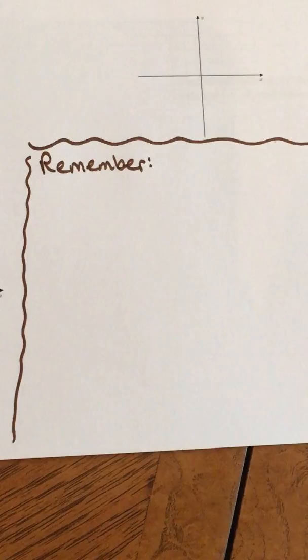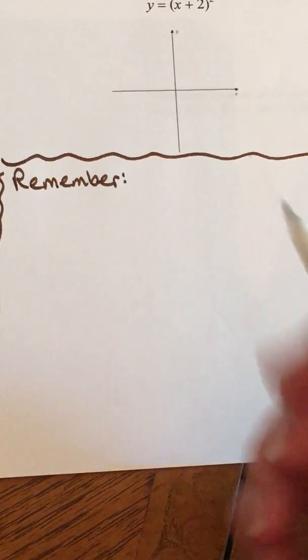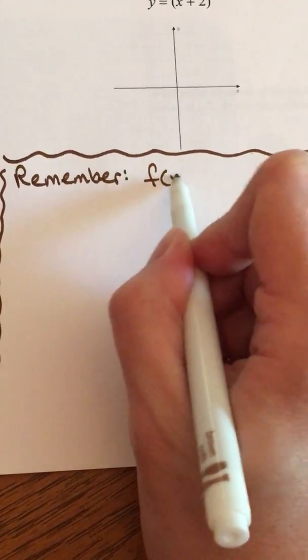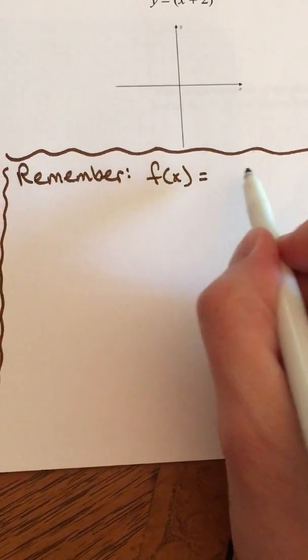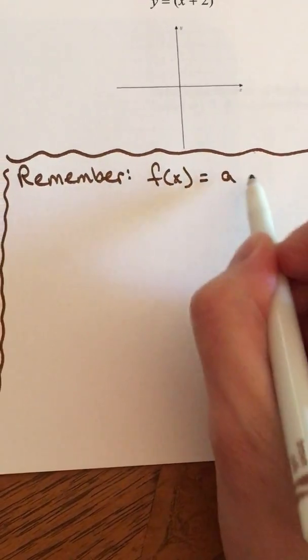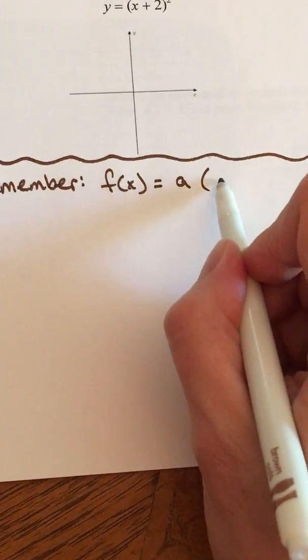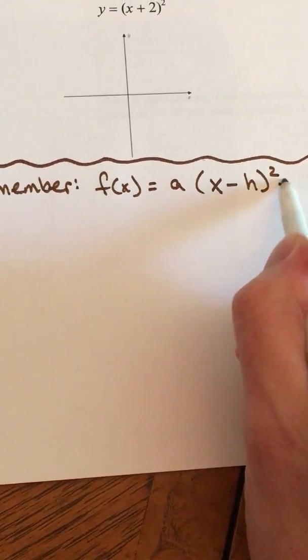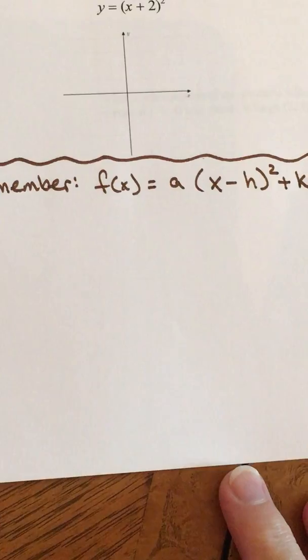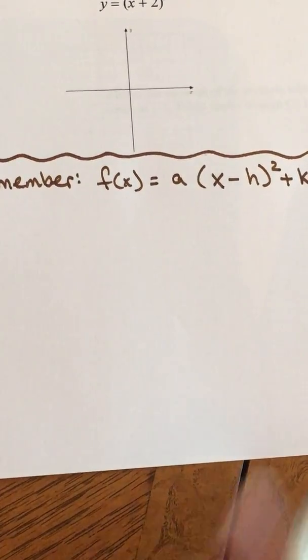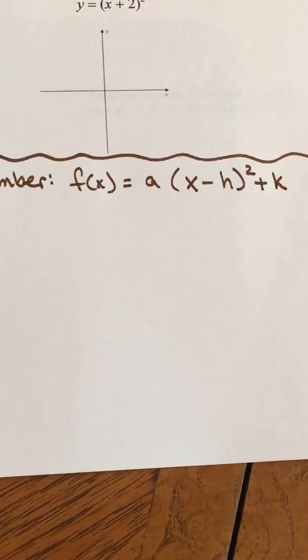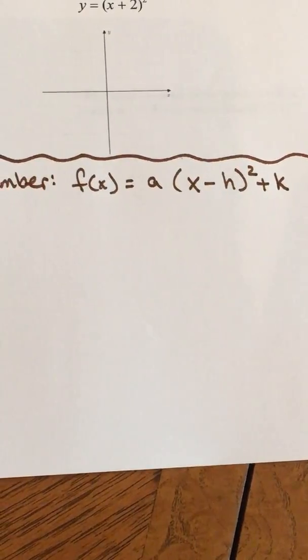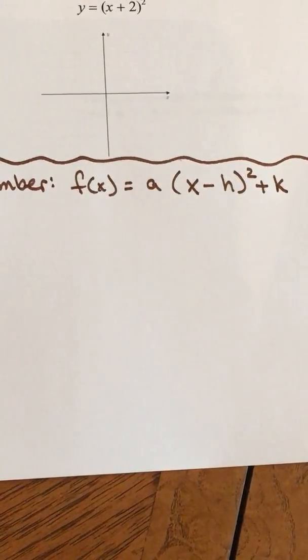So when we start with the function f of x equals a times the quantity of x minus h squared plus k, we have two basic rules that are going to be extremely helpful for us.